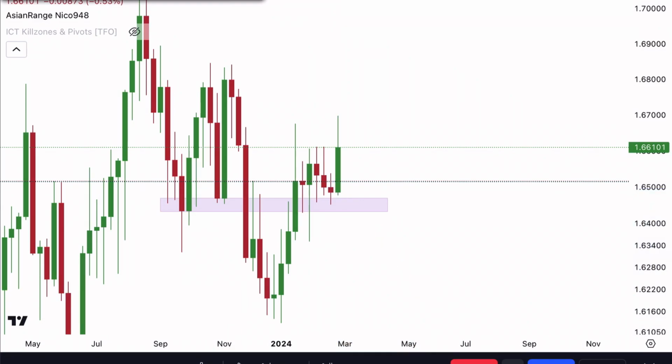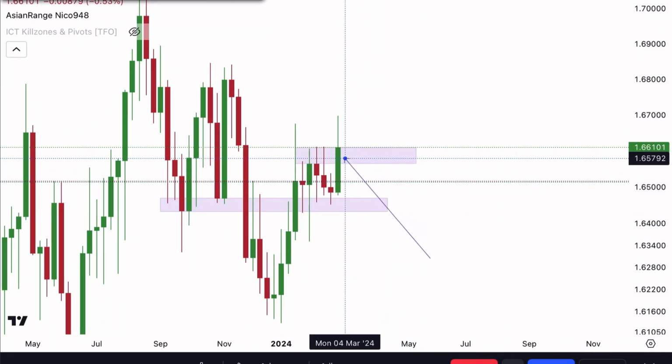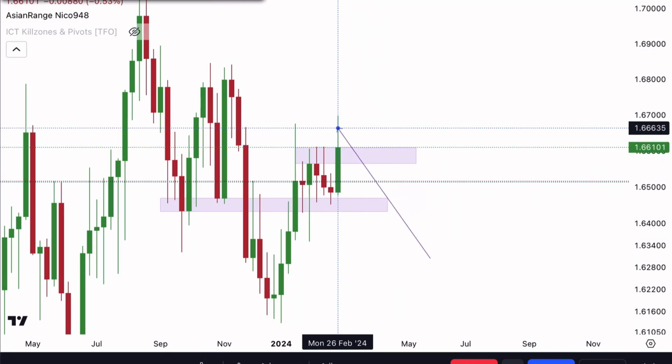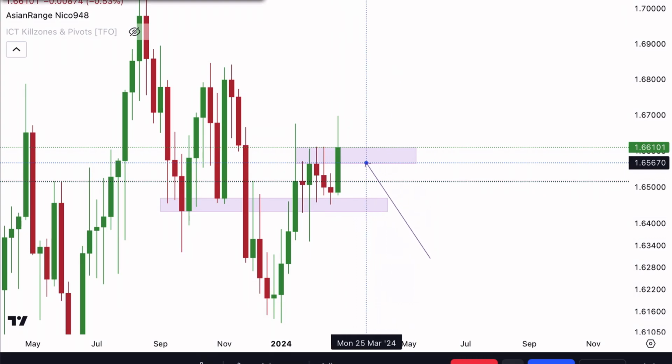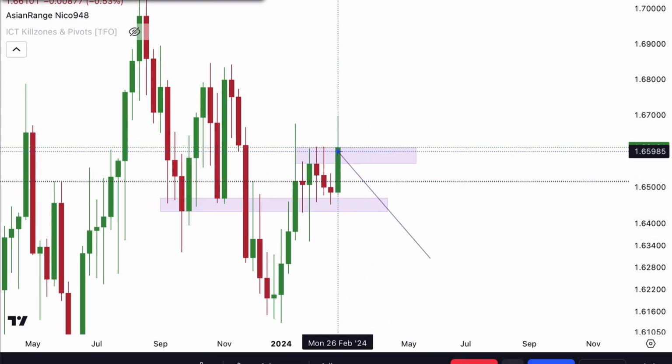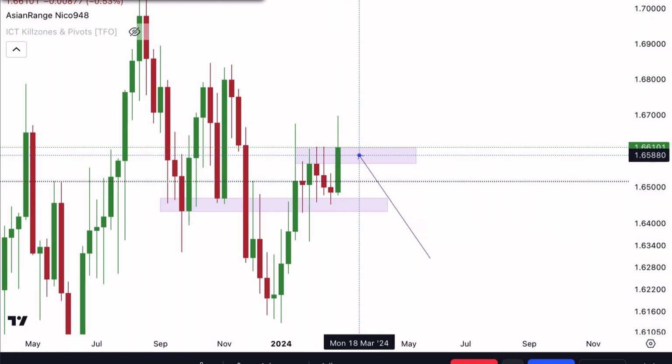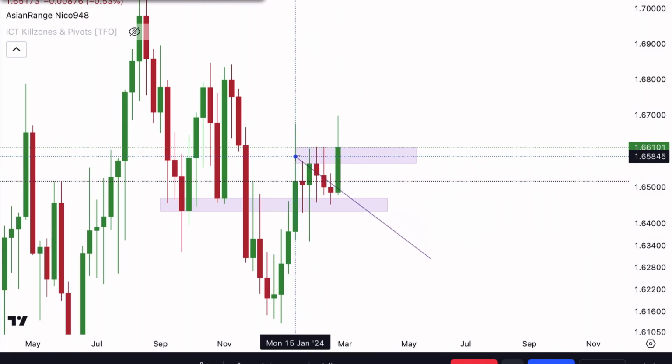But what we can see is that price failed to close above this resistance level on the weekly time frame. Normally we would like price to close on the weekly above this resistance level, but it didn't close. In this case, it doesn't really matter because you will see on the daily that the structure is very nice, and we are still going to take the trade.